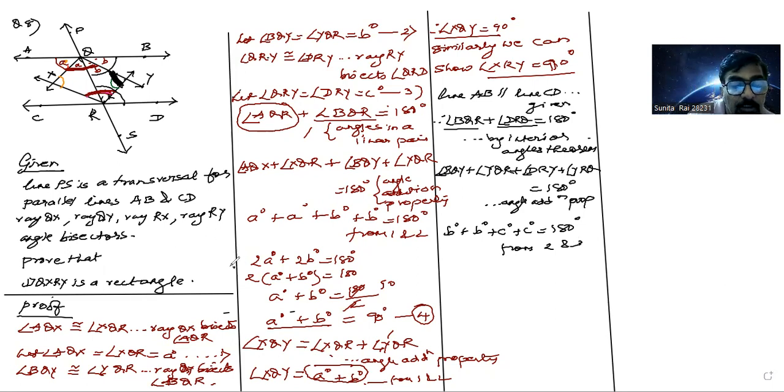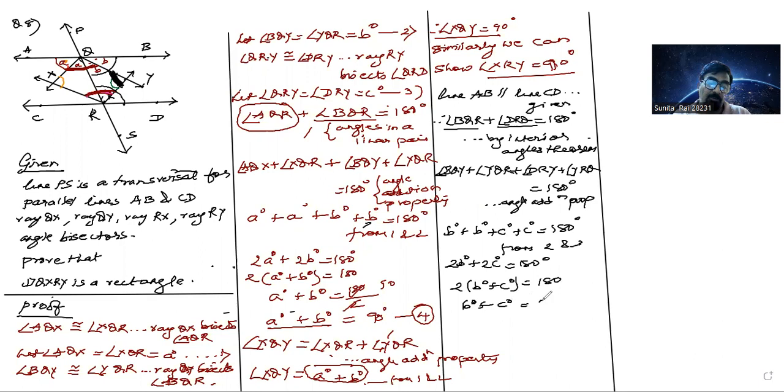So 2B plus 2C degrees equals 180 degrees. Taking 2 common, B degrees plus C degrees equals 180 upon 2. So B degrees plus C degrees equals 90 degrees, children. This is my statement number 5.